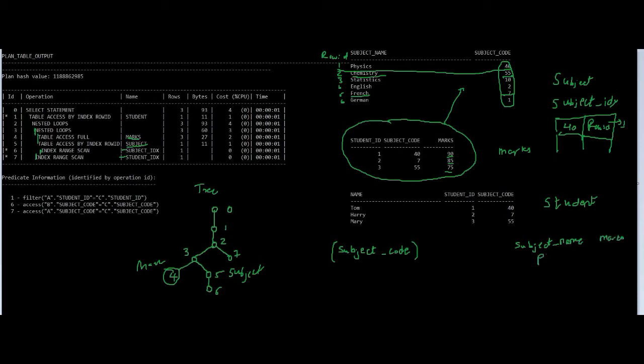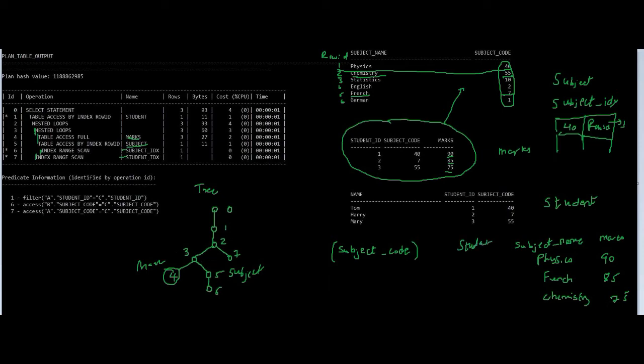So physics is subject code 40, the marks is 90, French is 7, which is 85, and 75. So we got subject name and marks, and one more column is needed, which is student name.